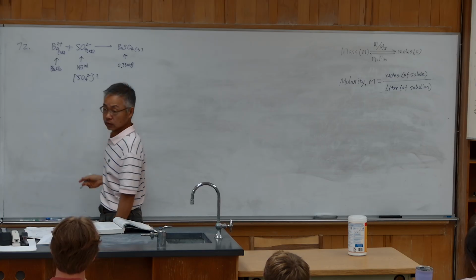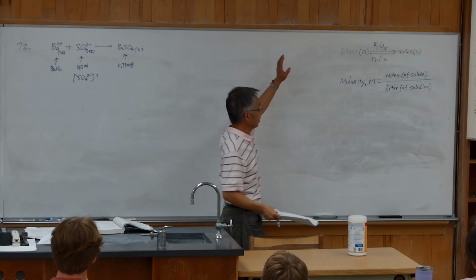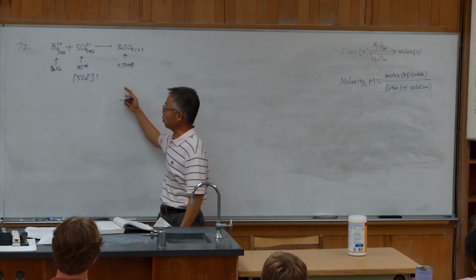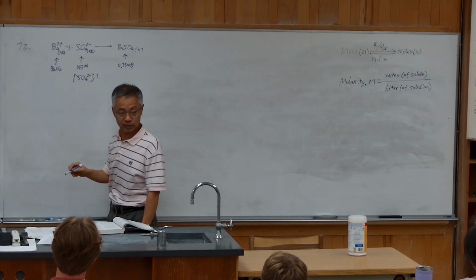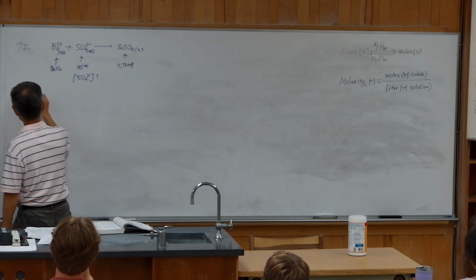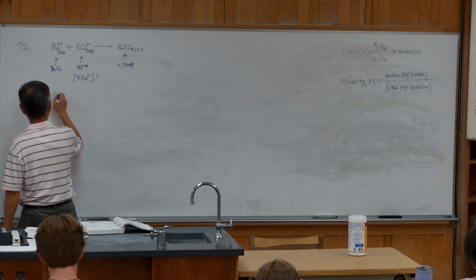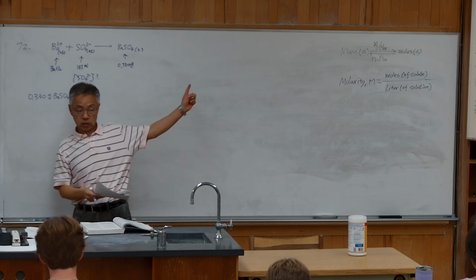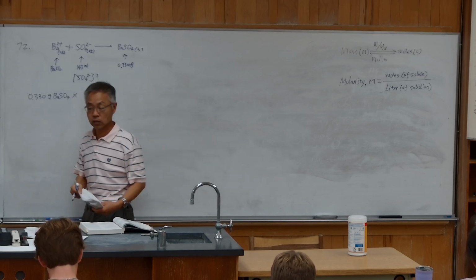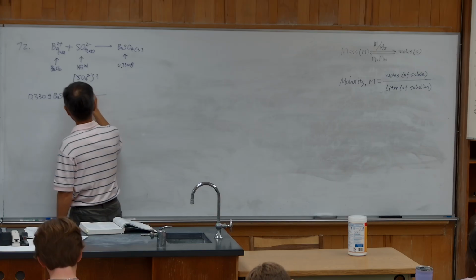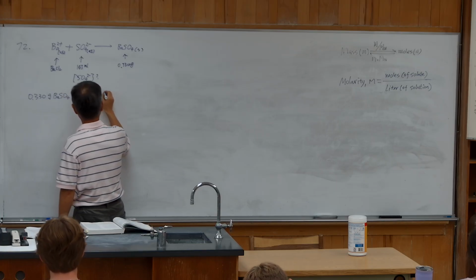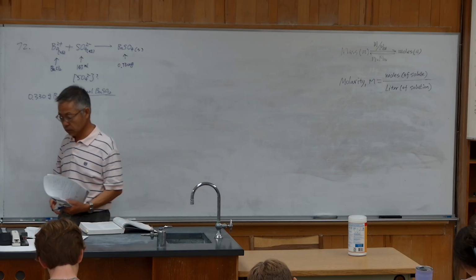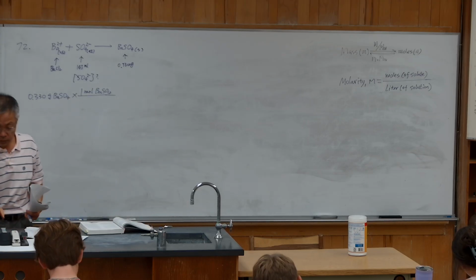When they tell you mass, always think about converting to moles, because any reaction is a mole relationship, right? So 0.33 gram barium sulfate. How can we convert to moles? Mass divided by molar mass. Where can you get molar mass? Use the periodic table.